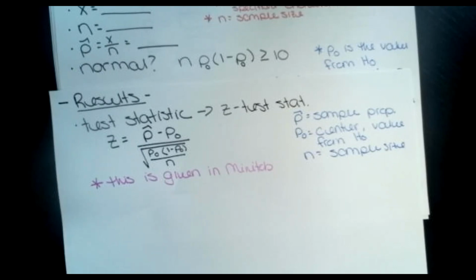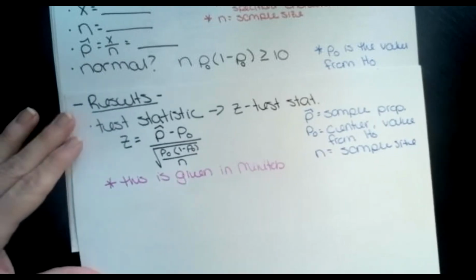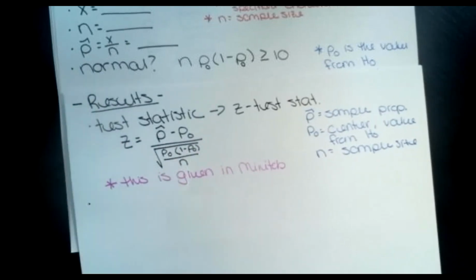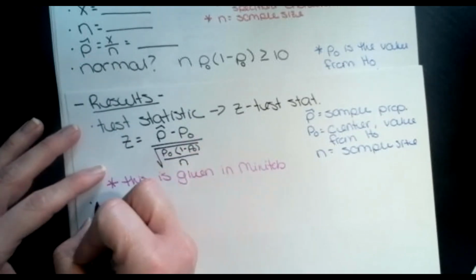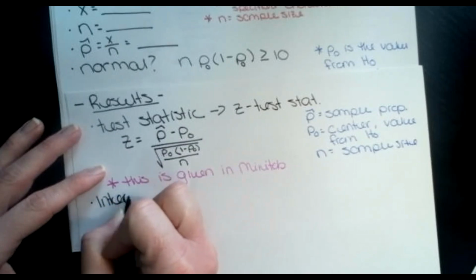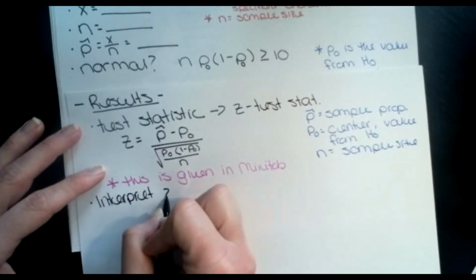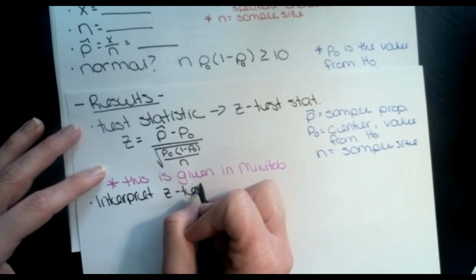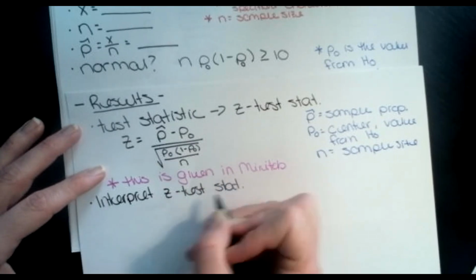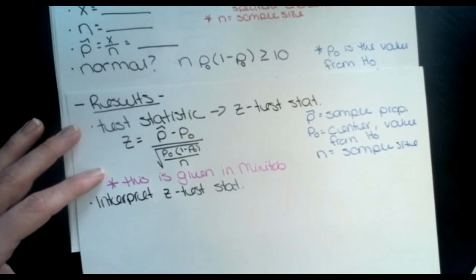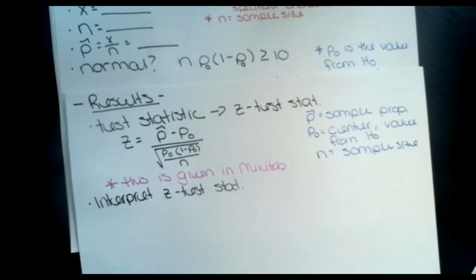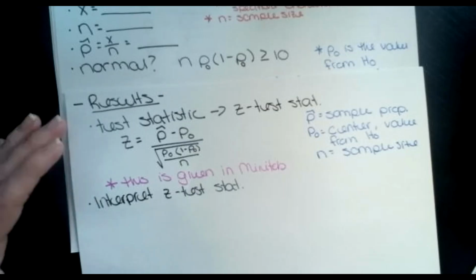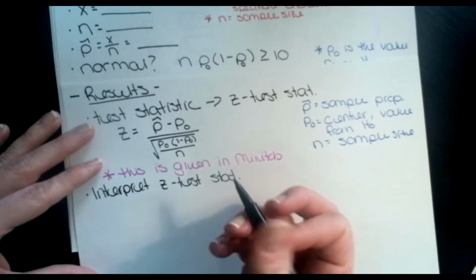Okay, so now we need to interpret this value, what it means to us. It seems worse than it is. It's really not that bad. All right, so interpret the z-test-stat. You can use my template, or you can just have your own statement. It doesn't matter to me.